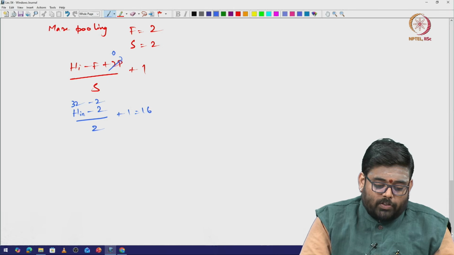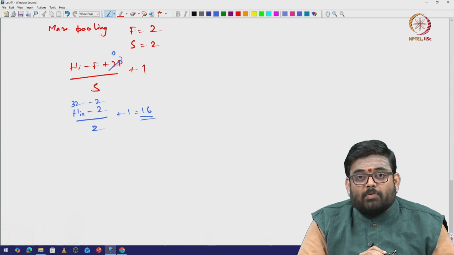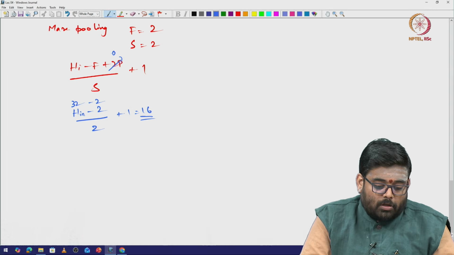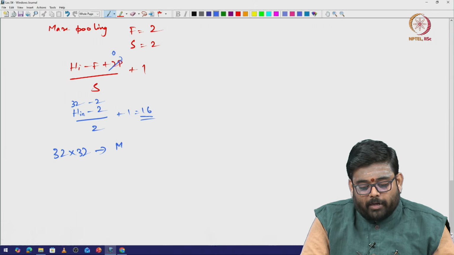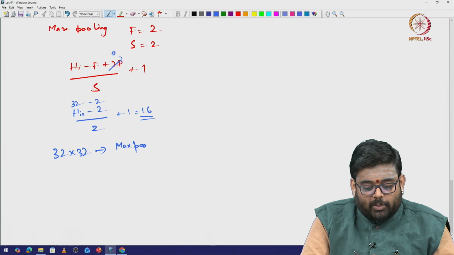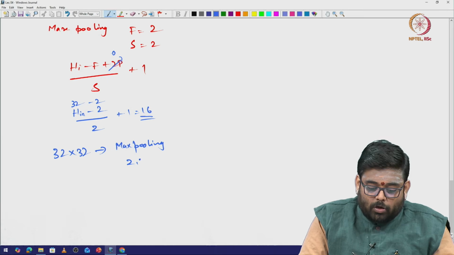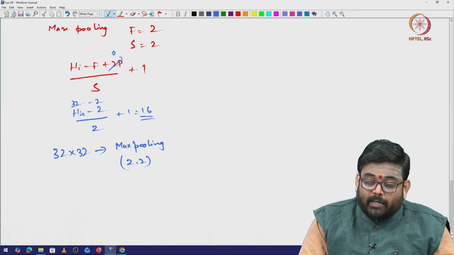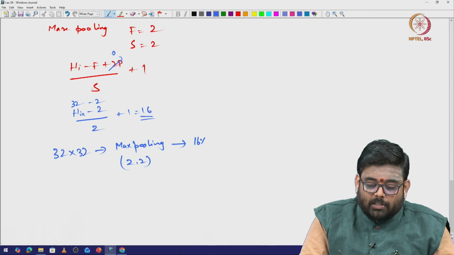So the input which was 32 is becoming 16. Similarly for W also. If you have an input which is 32 cross 32, post performing max pooling, specifically 2 cross 2, where the kernel size is 2 cross 2 and the stride is 2, it will become 16 cross 16.